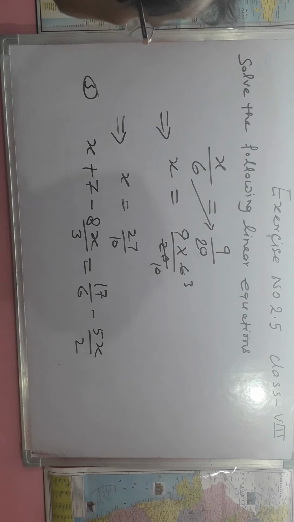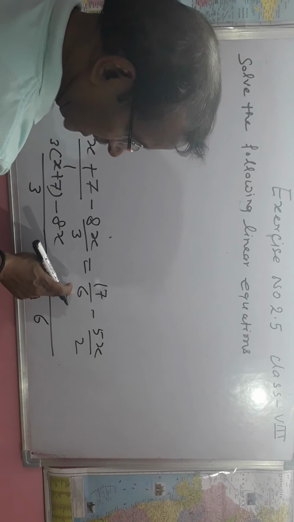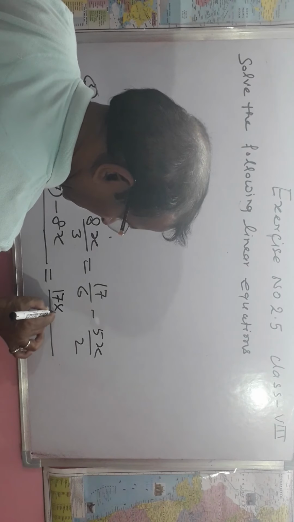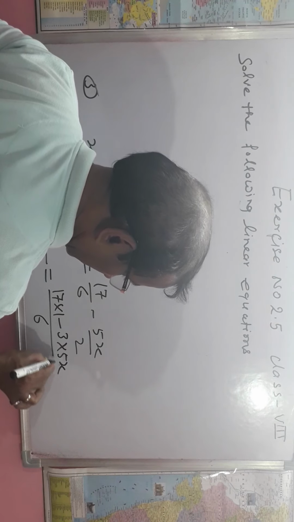Now we take the LCM 3, and we can write 1 here, and 3 is the LCM. 3 divided by 1 we get 3. 3 multiply x plus 7 minus 3 divided by 3, then we get 1. 8x will become here is equal to, here 6 will be the LCM. 6 divided by 6, then we get 1. 1 multiply 17, minus 2, 6 divided by 2, then we get 3, 3 multiplied by 5x.